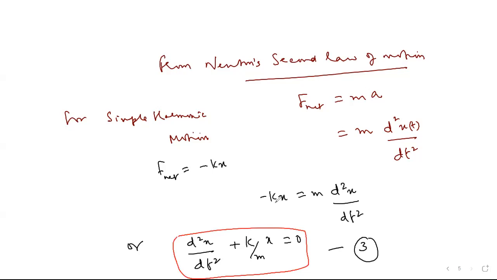We've simply done what? I've taken this to the right hand side, it will become plus kx. Here it will be on left side, there will be 0. Then we have written in this form, we have divided by m. So we have second order derivative of position with time plus k by m x equal to 0. This equation 3 is called the equation of motion of simple harmonic oscillator.